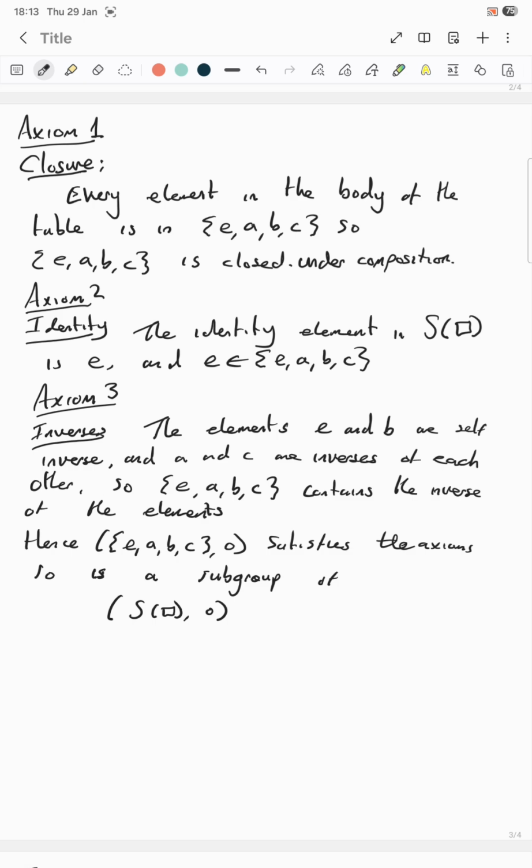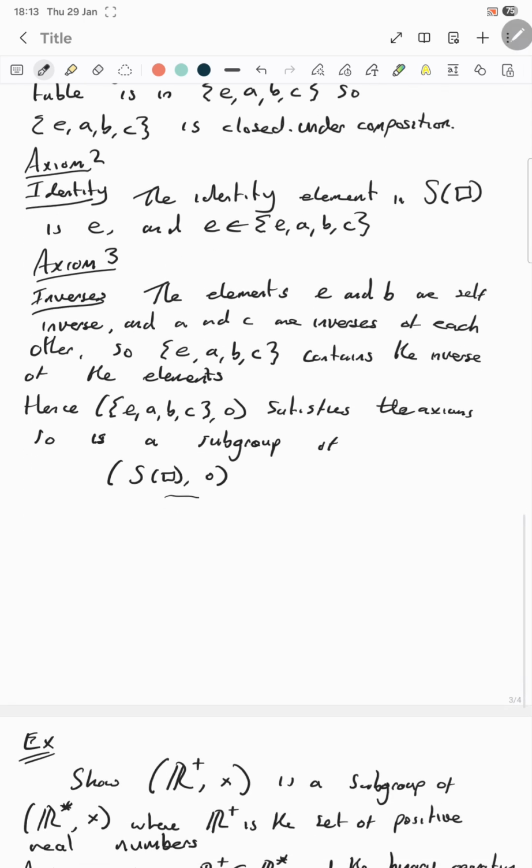So axiom 2 is satisfied. Axiom 3, inverses: the elements E and B are self-inverse, and A and C are inverses of each other. So {E, A, B, C} contains the inverse of its elements. Hence, the set {E, A, B, C} under composition satisfies the axioms, so is a subgroup of S squared under composition.